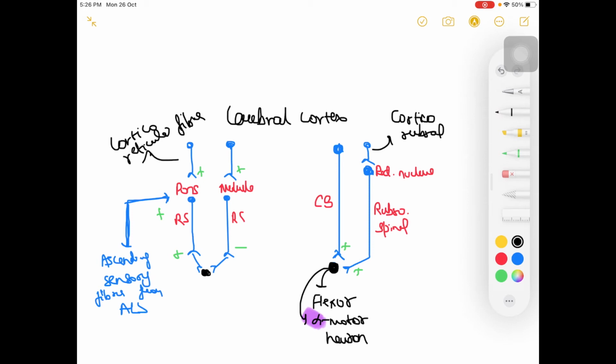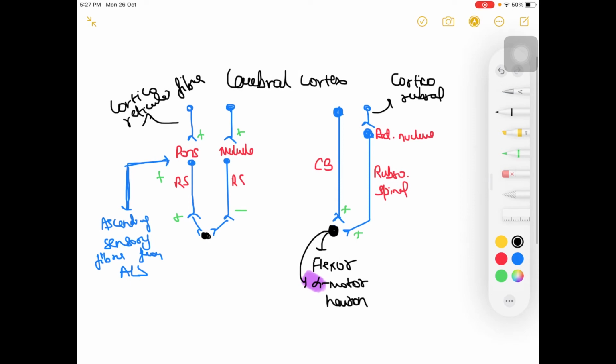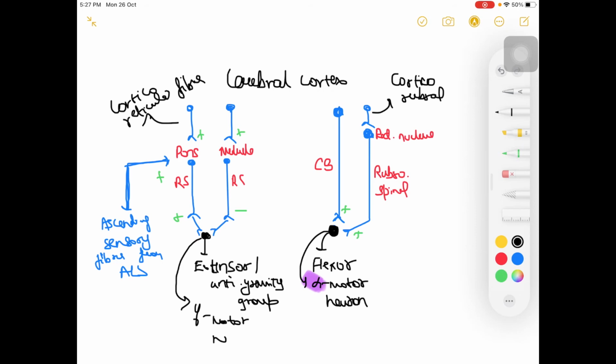Now, where are they actually terminating? Now, if you remember, this is what? Medial brainstem pathway. So this would end on which type of muscle group? Yes, you got it right. It would end on extensor or anti-gravity group. And now, this reticulospinal, they terminate on gamma motor neuron.